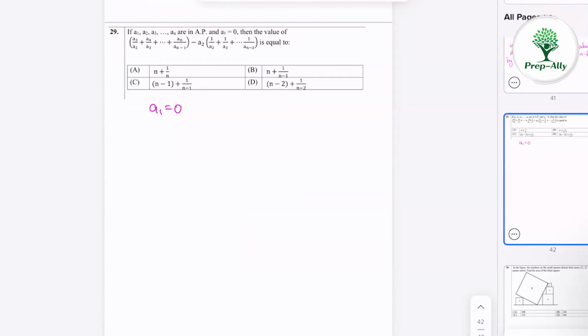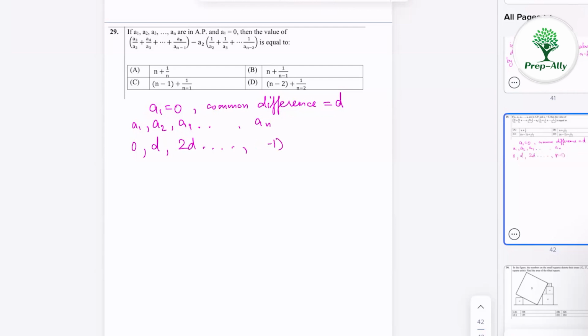And if we write the AP as A1, A2, A3 up to AN, if the first term is 0 and the common difference is D, we can write this as 0, D, 2D up to n minus 1 times D, right?